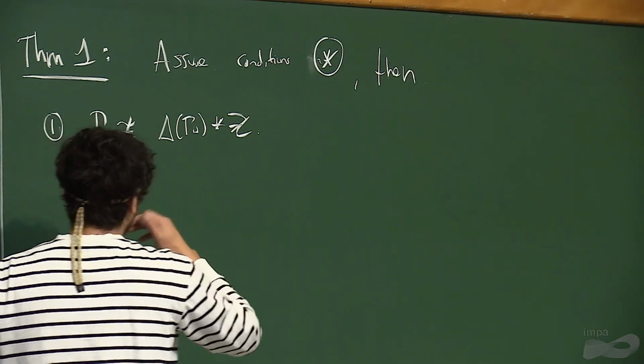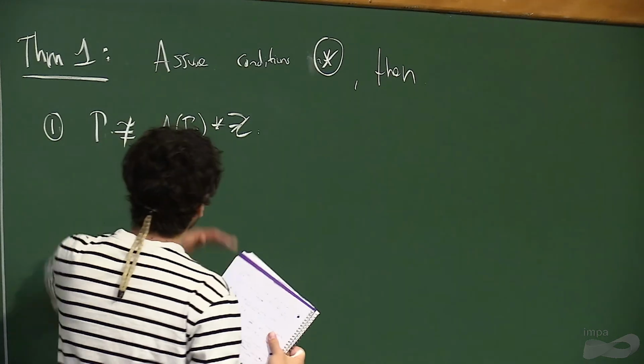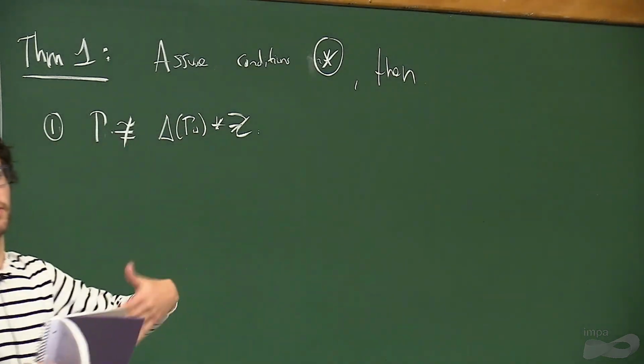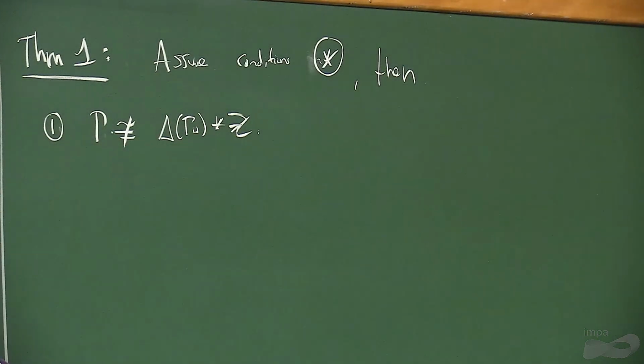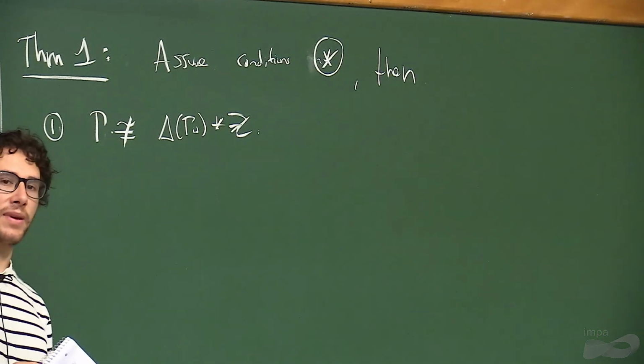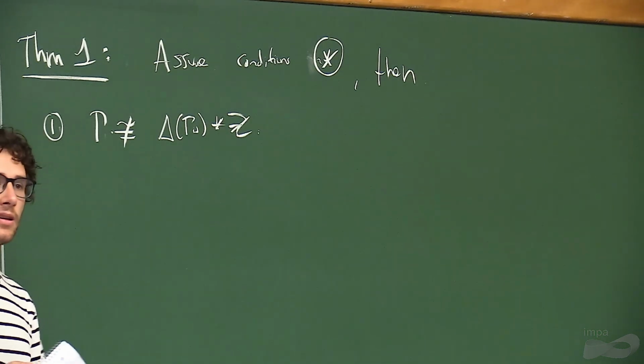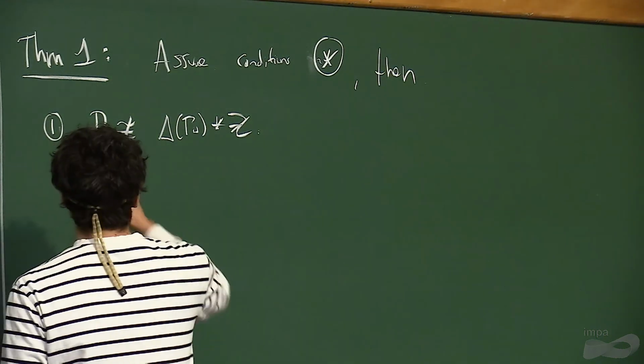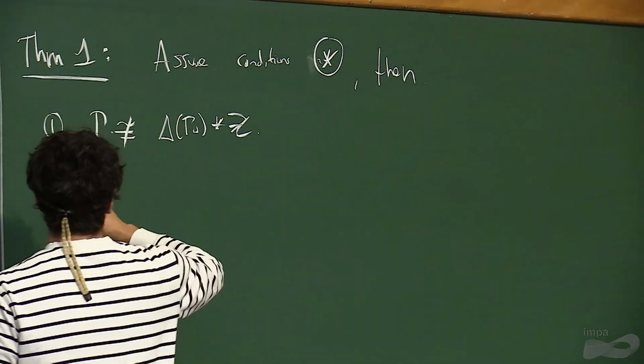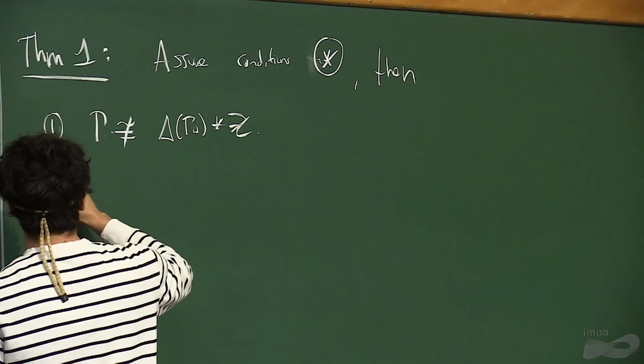Somehow it tells you that you cannot play ping pong the standard way. And so gamma is not isomorphic to this thing.